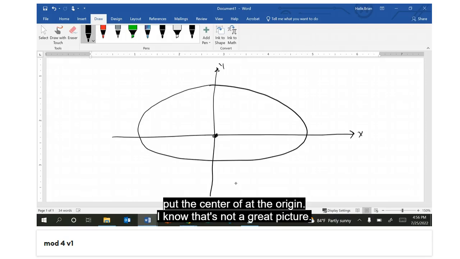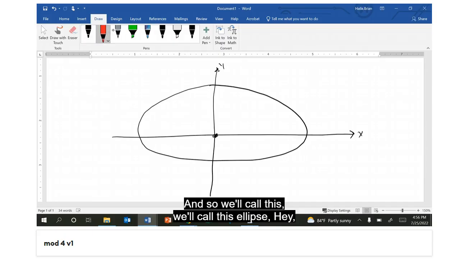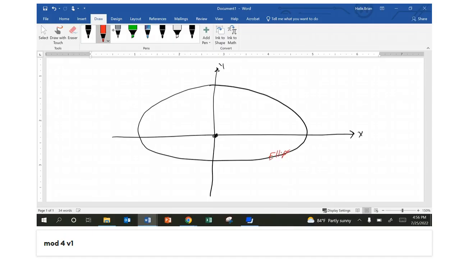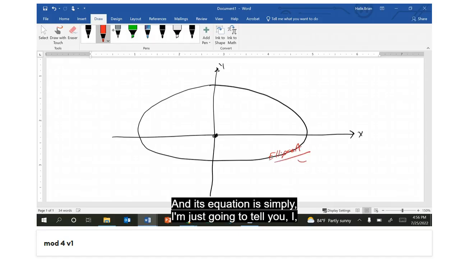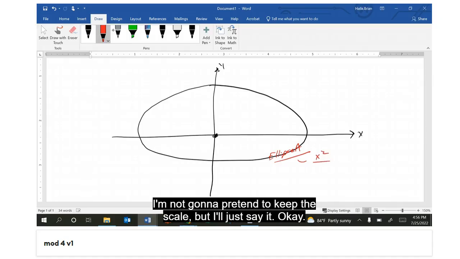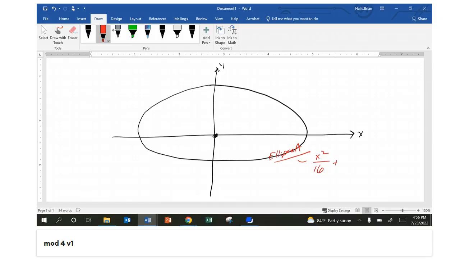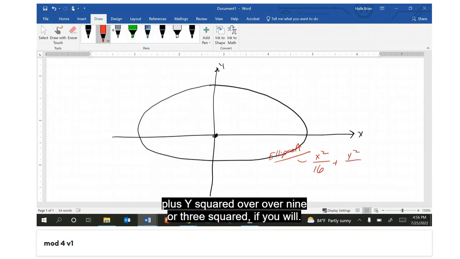I know that's not a great picture, and we'll call this ellipse A. Its equation is simply, and I'm not going to pretend to keep the scale, x squared over 16, or 4 squared, plus y squared over 9, or 3 squared.